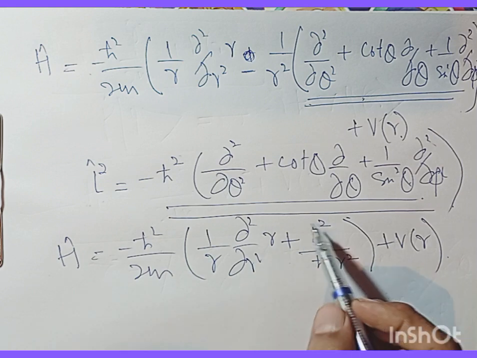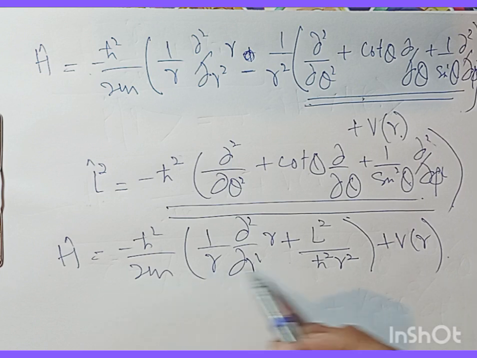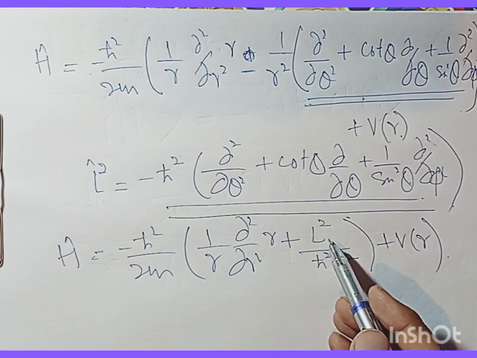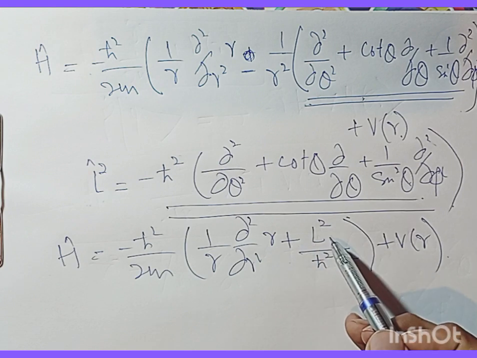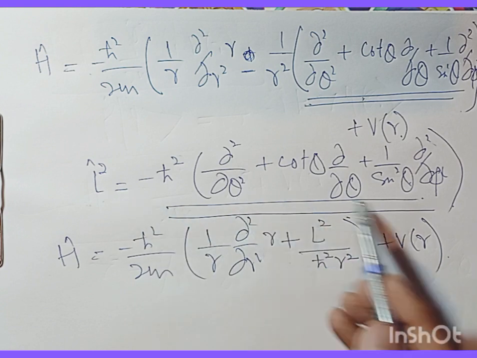Now, this Hamiltonian has a dependence on r, and automatically it has a dependence on the angular momentum. This L is the orbital angular momentum operator, which is composed of both theta and phi.